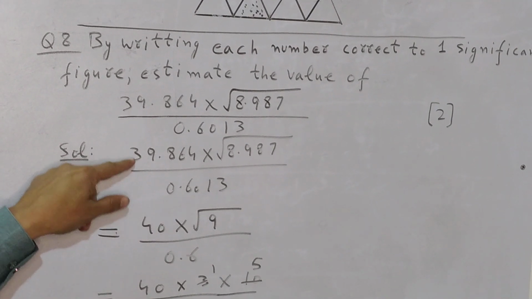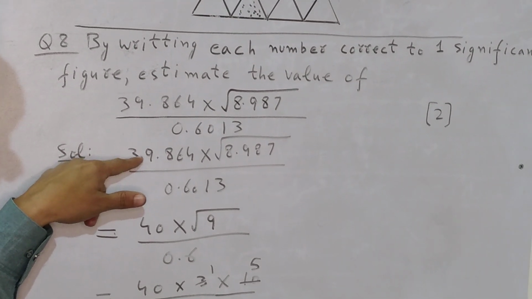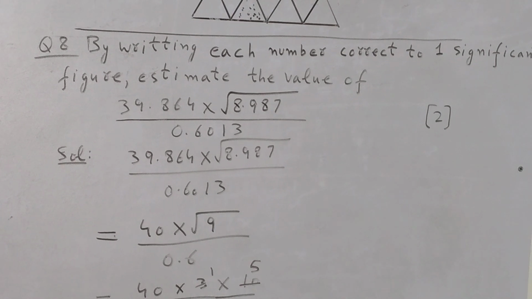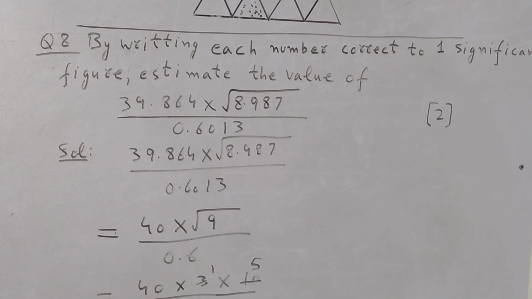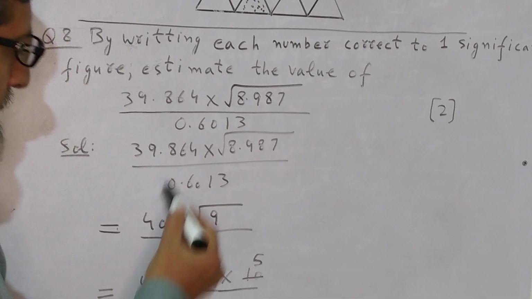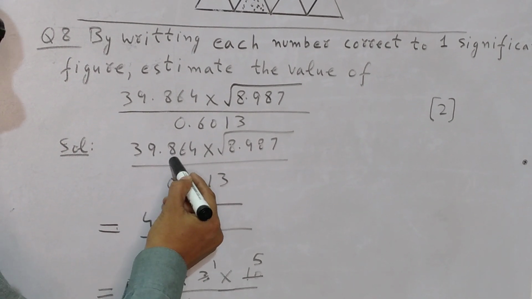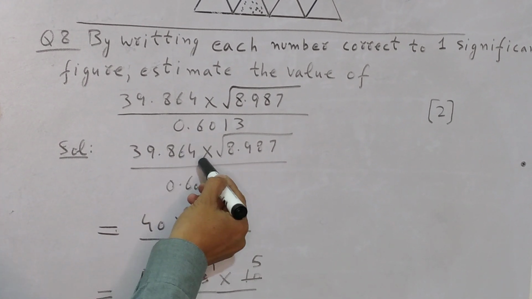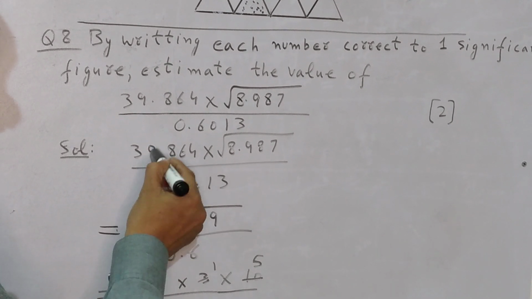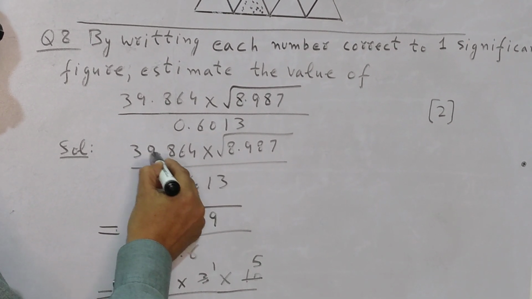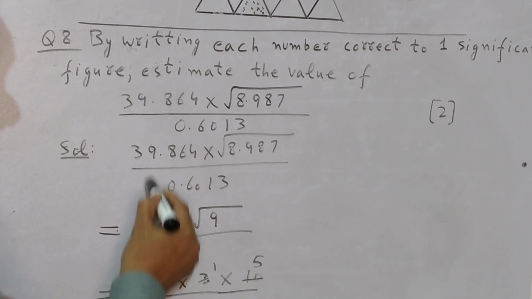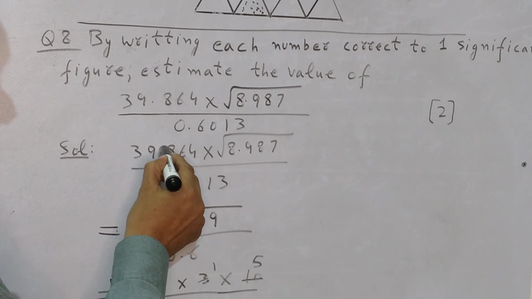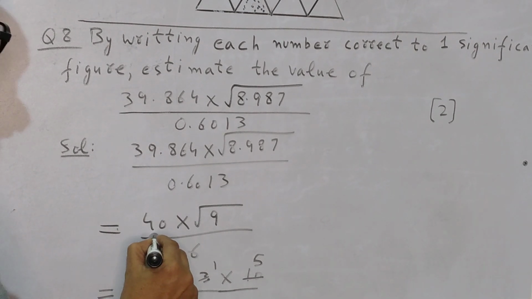When we convert this number 39.864 to one significant figure, it becomes 40, because after the decimal place there is 8, which is more than 5. So this would add 1 to the preceding digit, so it would become 40.